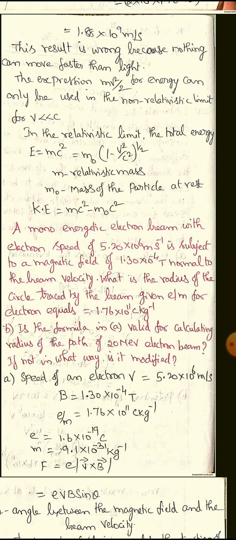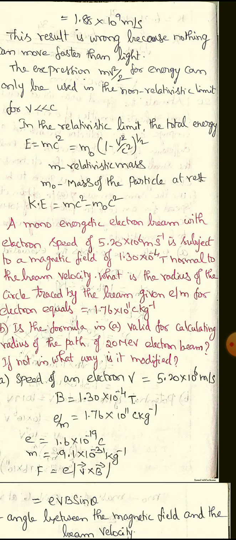In the relativistic limit, the total energy E is equal to mc squared, which is m naught c squared divided by (1 minus v squared by c squared) the whole power half. This formula can be used. What is m? m is the relativistic mass. m naught is the mass of the particle at rest. So the kinetic energy is equal to mc squared minus m naught c squared.